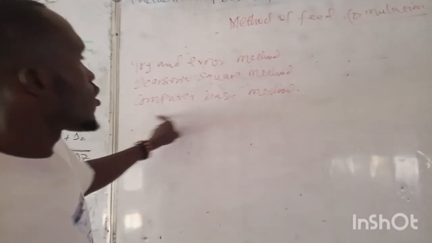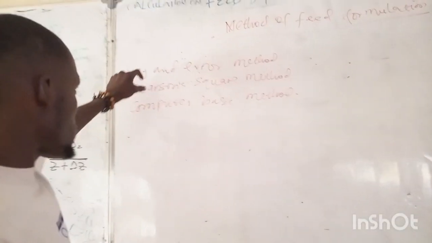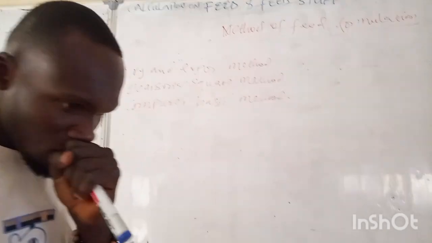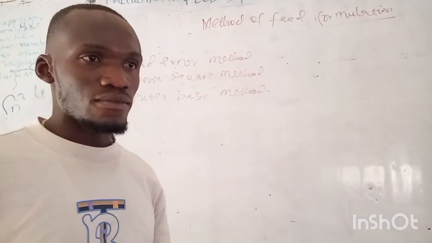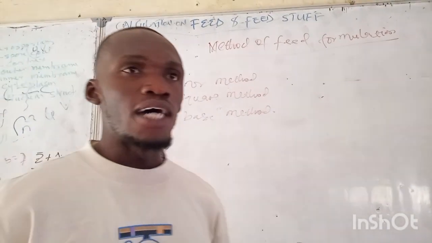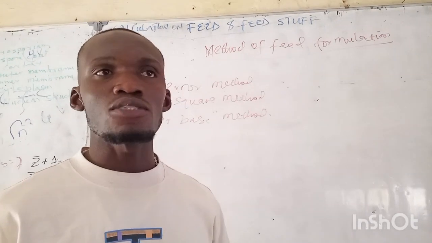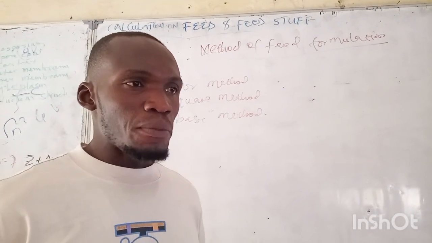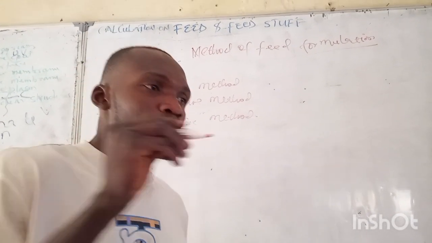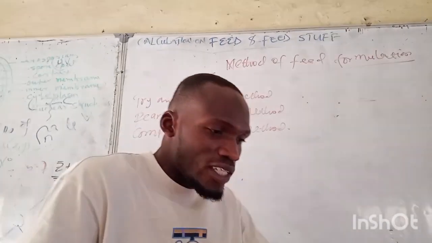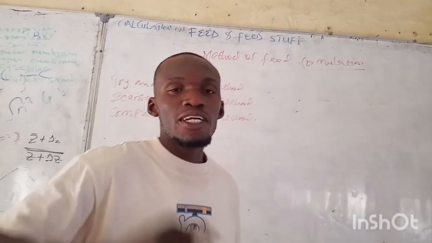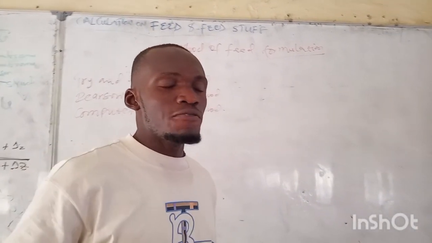Now, the computer-based method is almost the same thing as the try and error method. But the only difference is this: I have tried it before, and one thing I understood is that in the computer method, as you are inputting digits, it has already started formulating the feed.